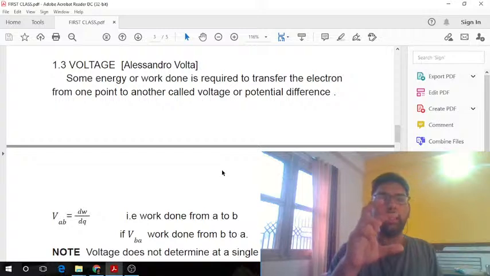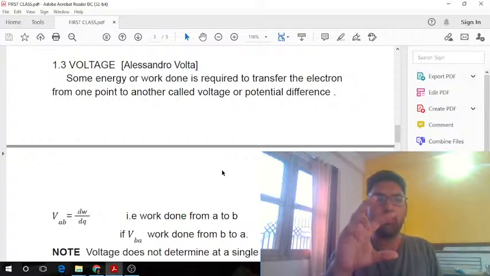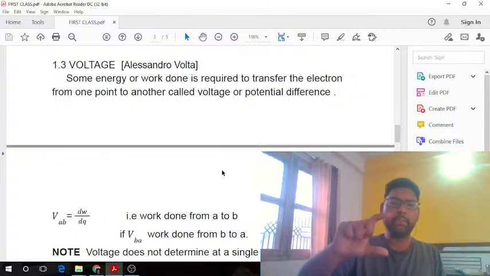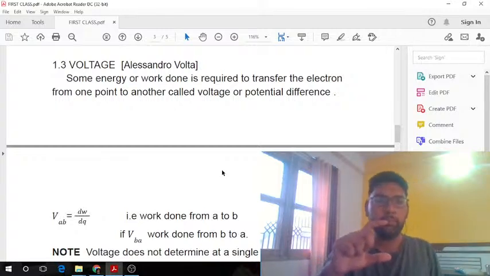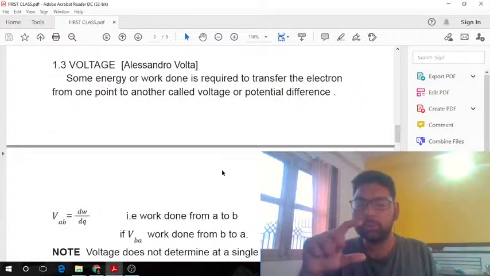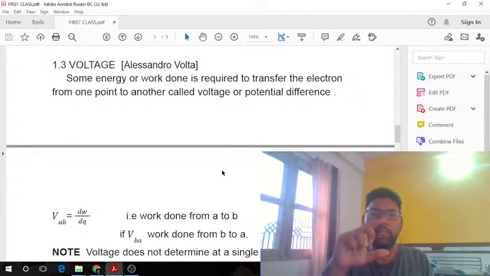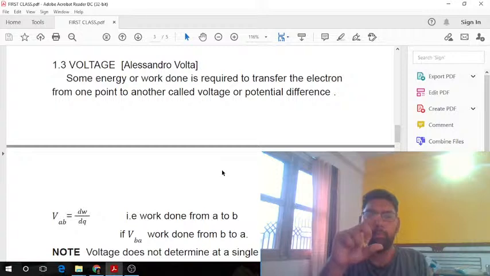Suppose there are two points, like for the voltage source, point A and point B. This is an online class, so it is difficult to make you understand, but suppose there is a point A and there is a point B. Point A is positive, let's suppose point A is positive, point B is negative. Then VAB is equal to the work done from point A to B.